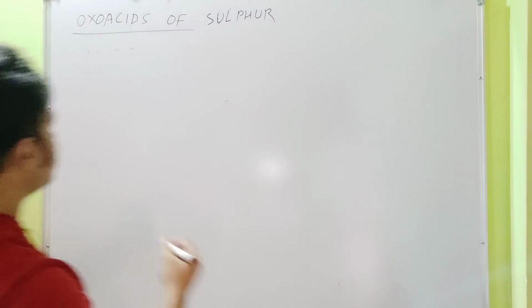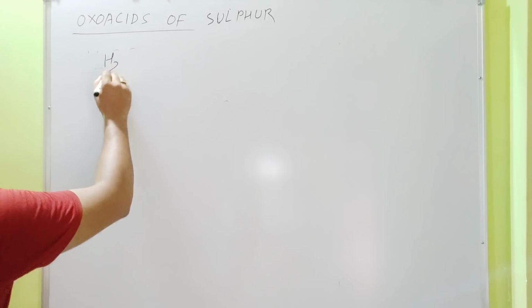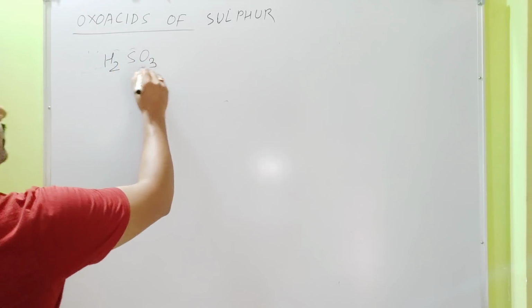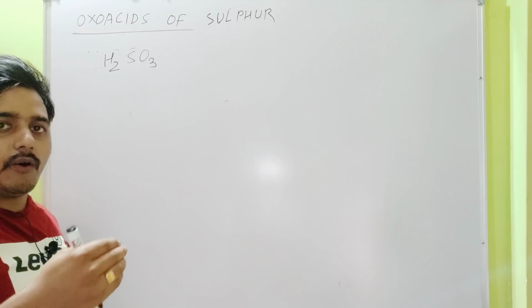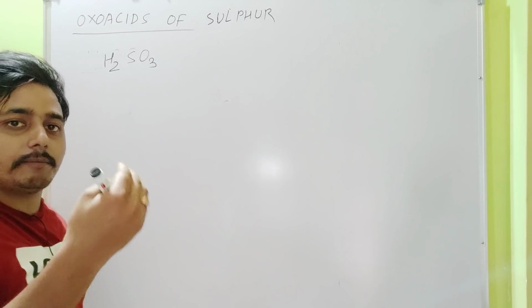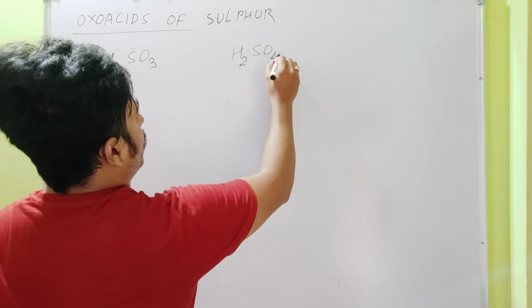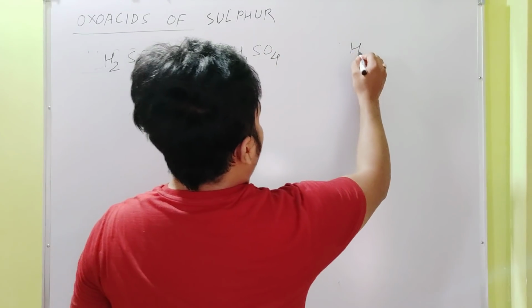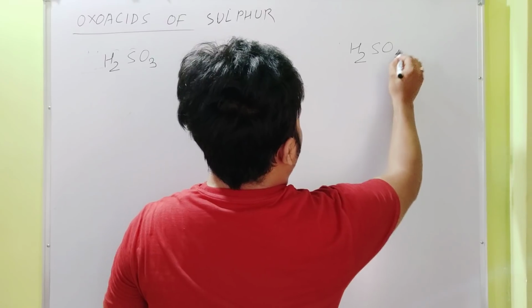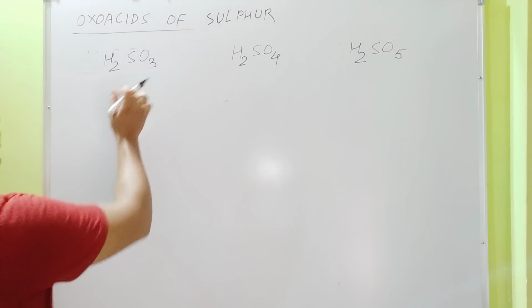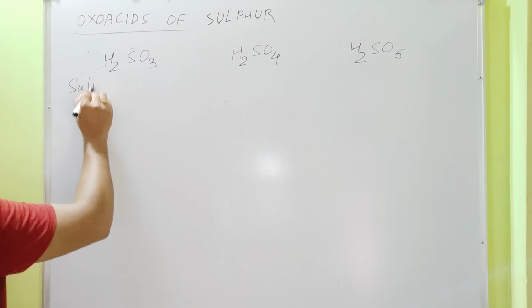First, H2SO3. Then increase the oxygen number by 1 unit: H2SO4, H2SO5. The name of this compound is sulfurous acid.